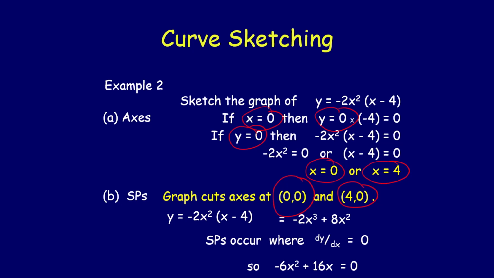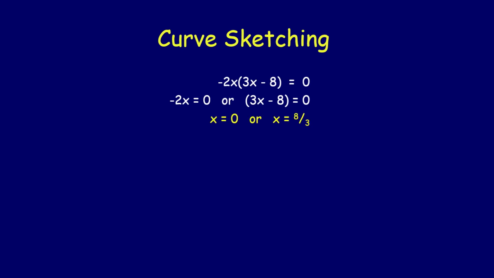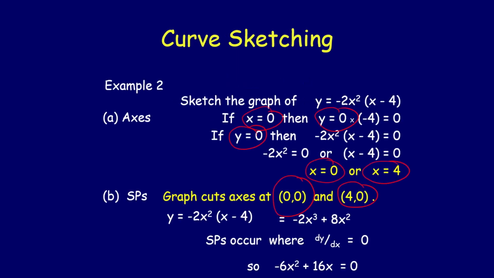Now we said at stationary points, dy over dx is equal to 0. Let me take you back to where we stopped. Negative 6x squared plus 16x equals 0.